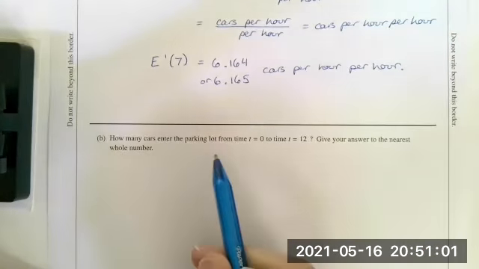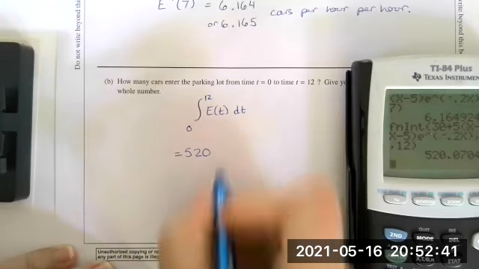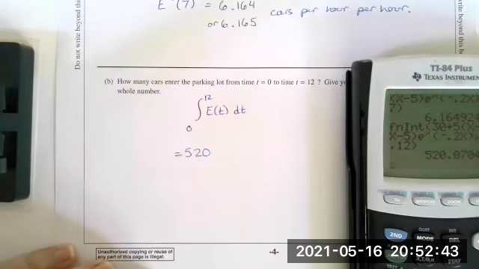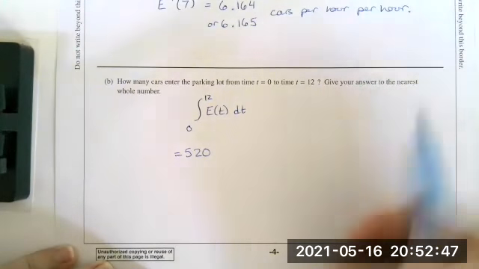So we're looking at a grand total of 520 cars. Now, if you want to put the decimal, that's fine. But we're talking about the nearest whole number here. So actually, it's not fine.